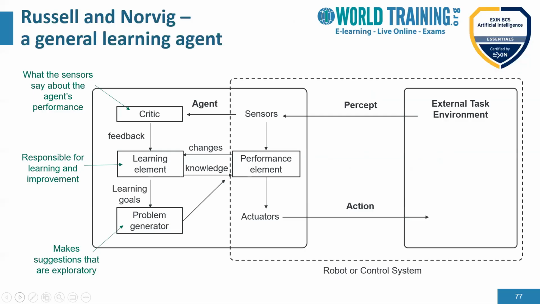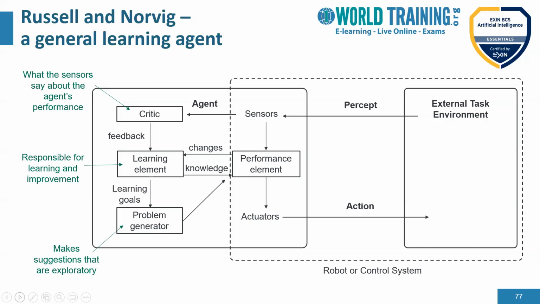So now let's relook at the Russell and Norvig general learning agent model, how it works and how it looks. We have the external task environment, which provides the percept, and the sensors inside the agent take those percepts.